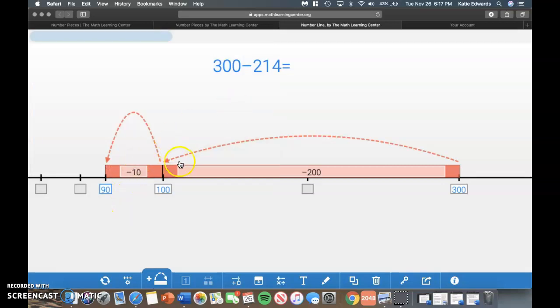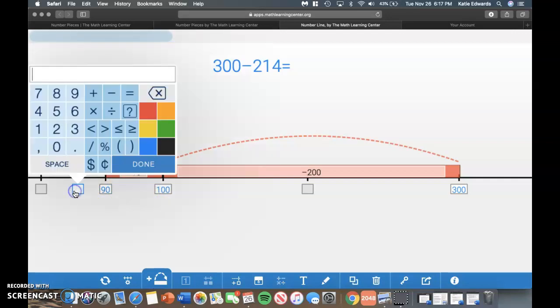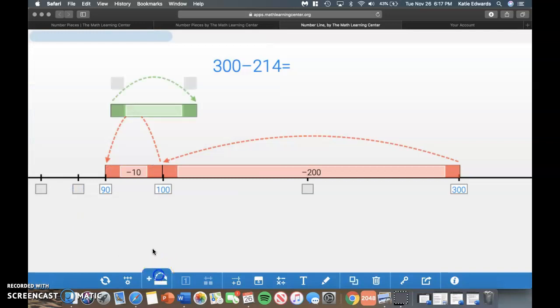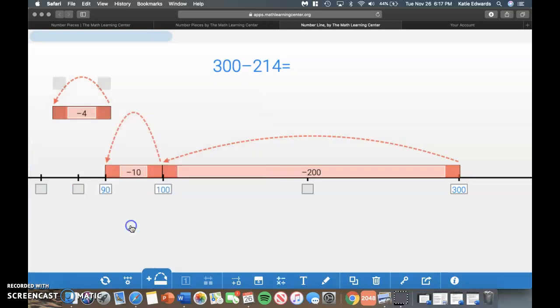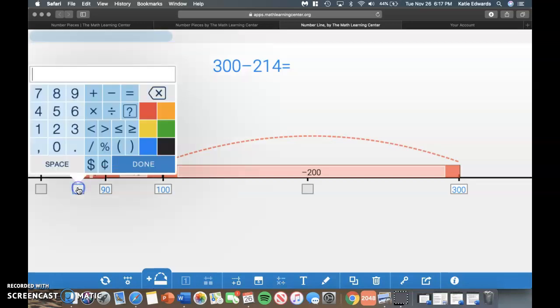And there they know that they have 4 left they need to subtract. So they would subtract that. Minus 4. And this would get them 86.